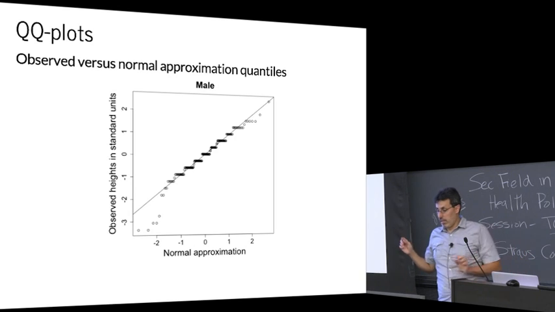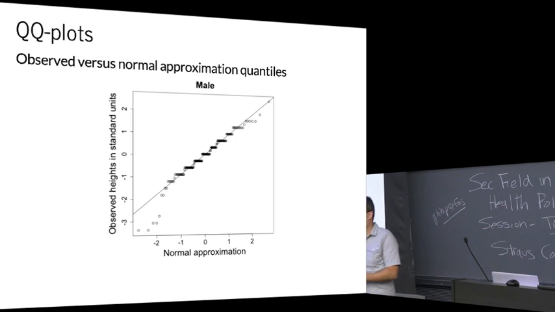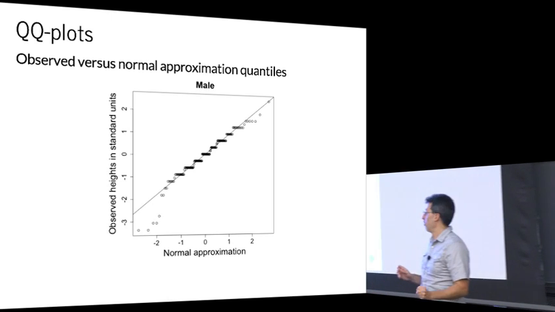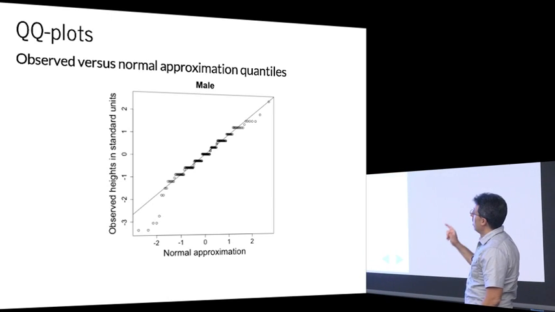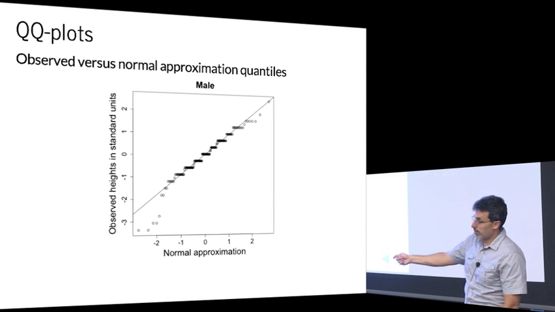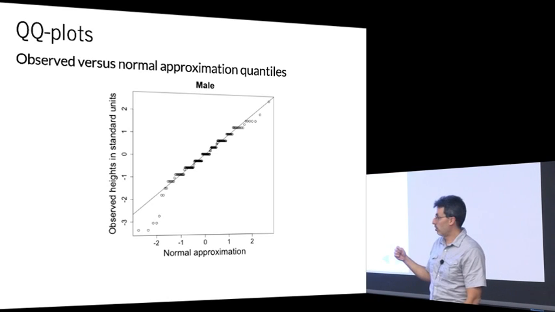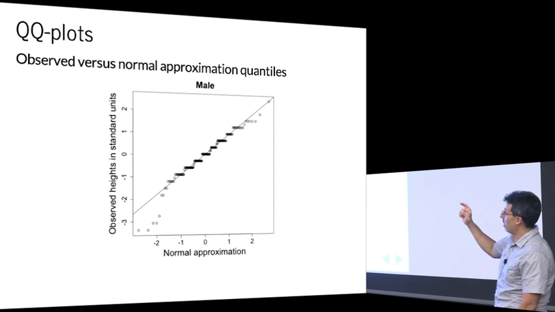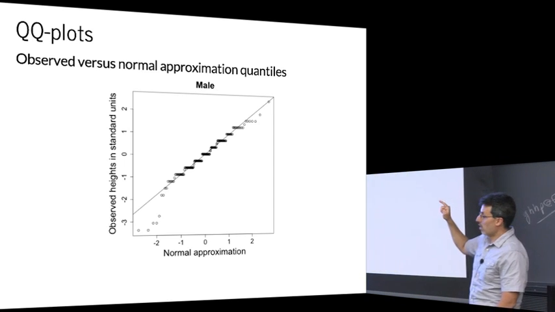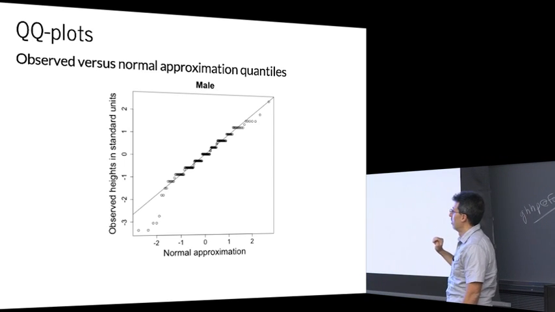One plot that you want to make is when data is normally distributed, there's a lot of things you can do. There's a lot of machinery you can use that makes things easier. So if you want to make that assumption about your data, you want to make sure it's true, and the best plot for doing that is called a quantile-quantile plot, a QQ plot.